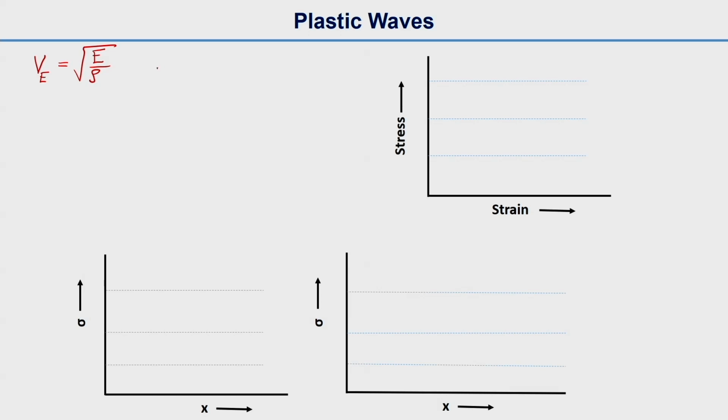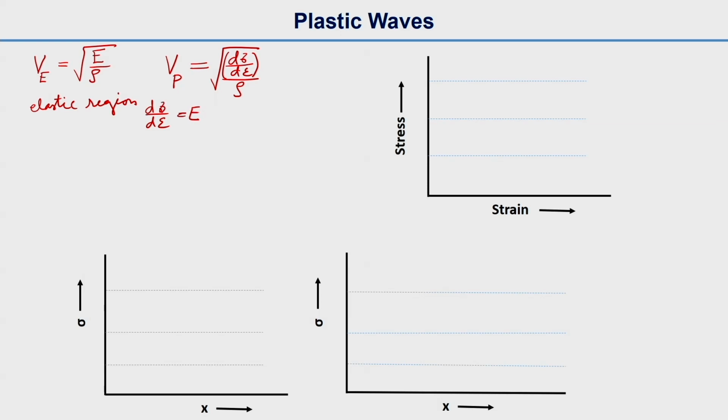So if we see both equations, V elastic and V plastic, which is square root of d sigma d epsilon by rho, here in the elastic region d sigma d epsilon is E.